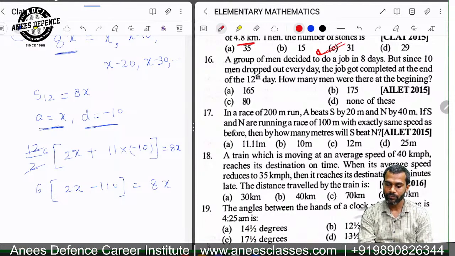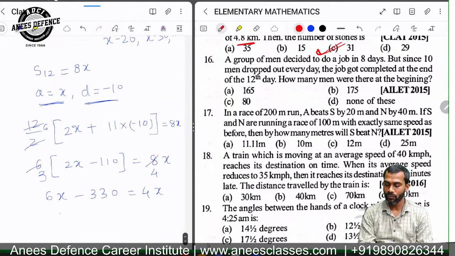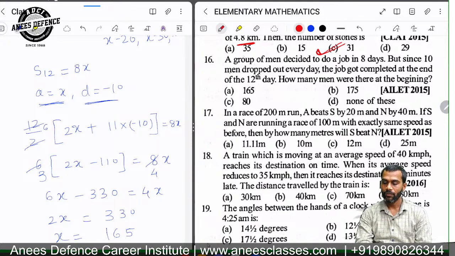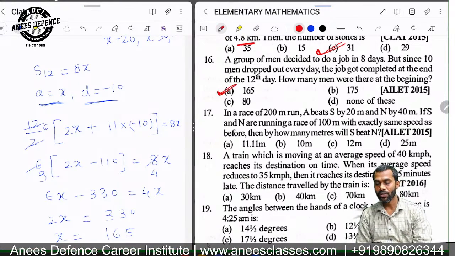Now just multiply. 12x minus 660 is equal to 8x, so 6x minus 330 is equal to 4x. Now what is 6x minus 4x? 2x is equal to 330. So x is equal to 165. Which option? A. Have you understood?